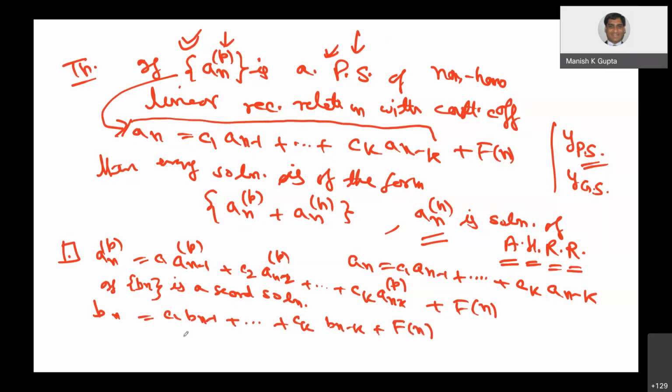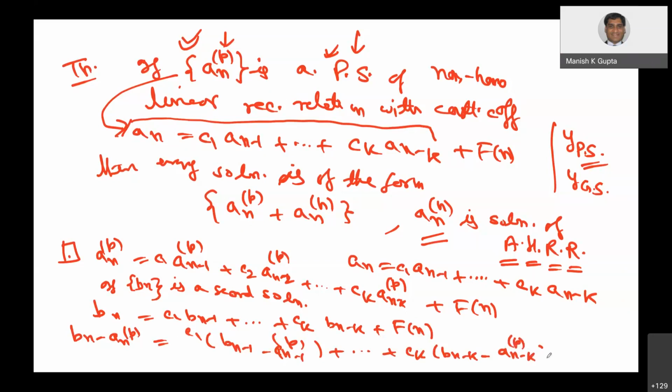Okay, so now I consider b_n minus a_n^(p). It turns out to be c_1 times (b_{n-1} minus a_{n-1}^(p)) plus ... c_k times (b_{n-k} minus a_{n-k}^(p)), right?